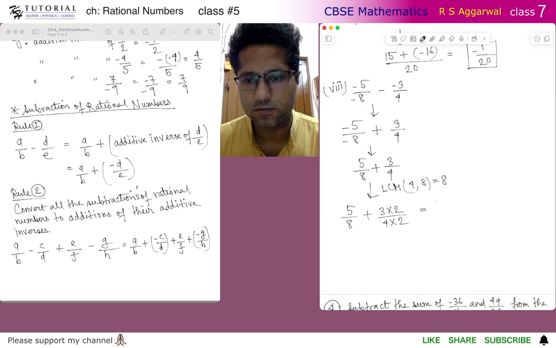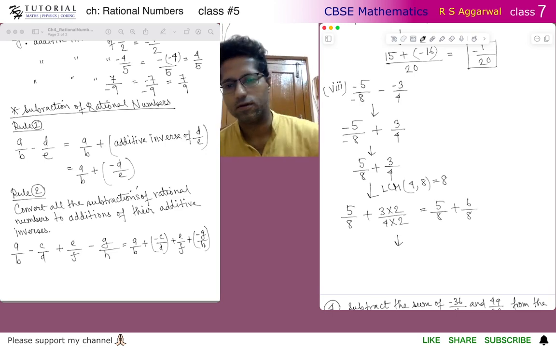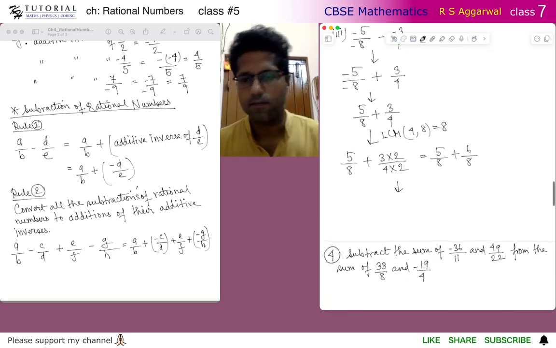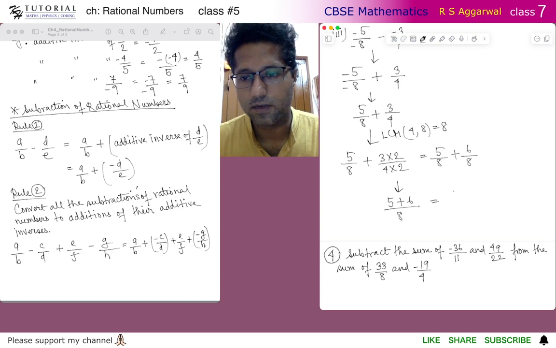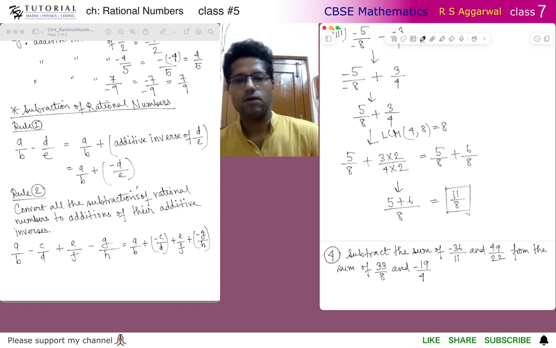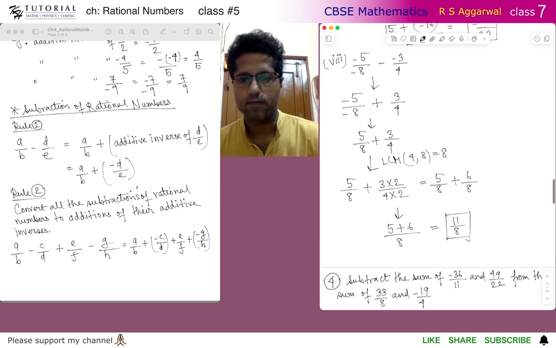So this is 5 by 8 plus 6 by 8. Now we can simply add the numerators and divide the sum by the common denominator. So this is 11 by 8. It's the answer. You can take a screenshot.